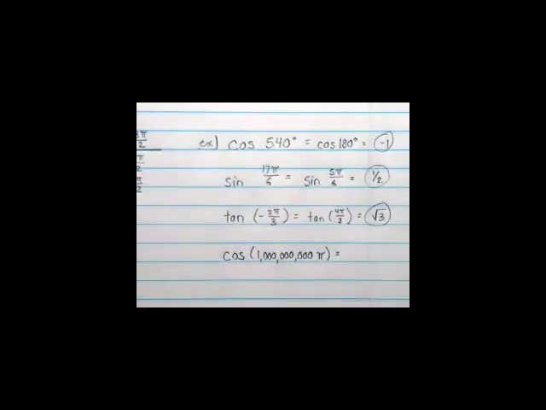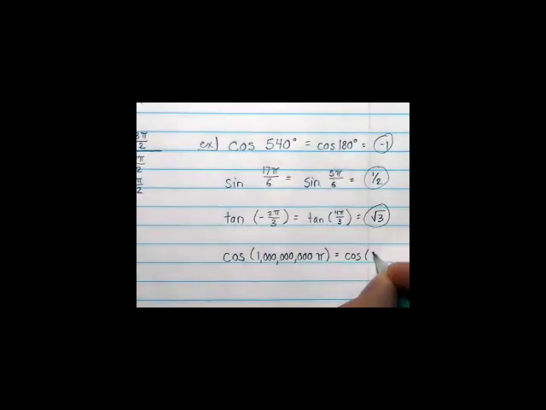And then my cosine of 1,000,000,000 pi. What's the coterminal angle with 1,000,000,000 pi? Yeah. 2 pi. Or 0, depending on how you want to look at it. How did you know that? Did you sit there and count that all the way up? The important thing is to recognize that 1,000,000,000 pi is a multiple of 2 pi, right?